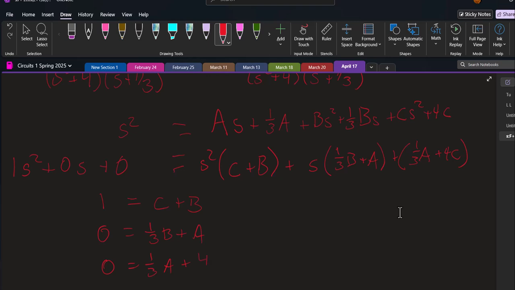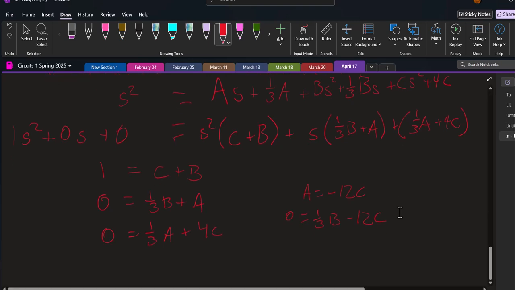So 1/3 a plus 4c. From the bottom one, I get a equals minus 12c. Then from the second one, I get 0 equals 1/3 b minus 12c. Did I make another mistake? Oh no, you just plugged in 12c. And so b equals 36c.